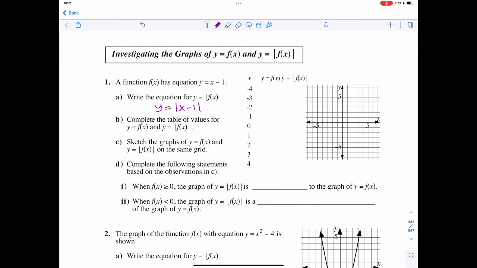If I take my original form, where it's just y is equal to x minus 1, then I'm going to get -5, -4, -3, -2, -1, 0, 1, 2, 3. And in this case, it's just going to look something like this.